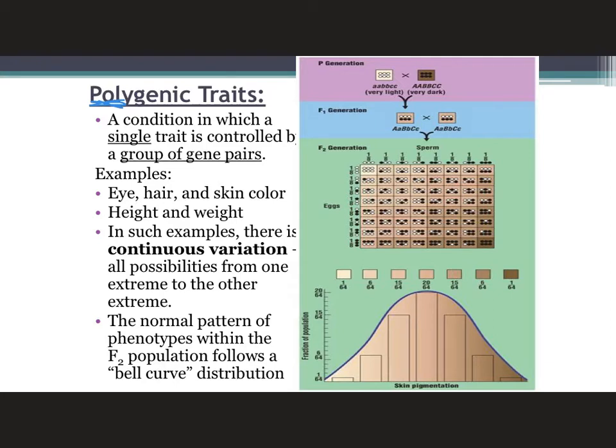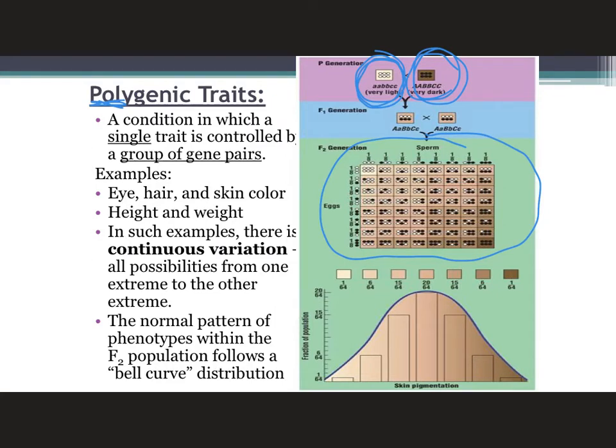So, for example, we have skin color here. If it's 3 genes and they're all recessive, little a's, little b's, little c's, you have someone on the very light end of the spectrum. If you have all capital letters, all dominant, you're going to be at the very dark end of the spectrum. And then you can see this nice F2 generation here. How would you like to do a trihybrid cross Punnett square?